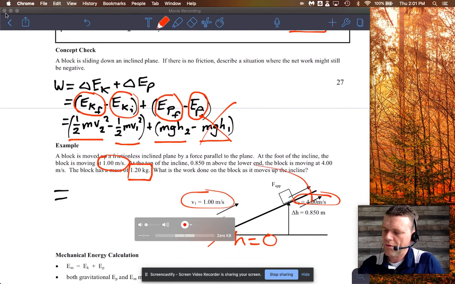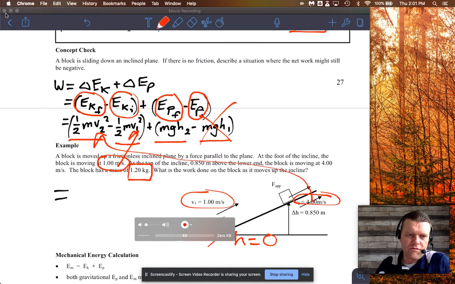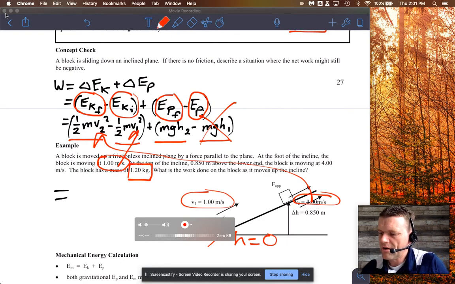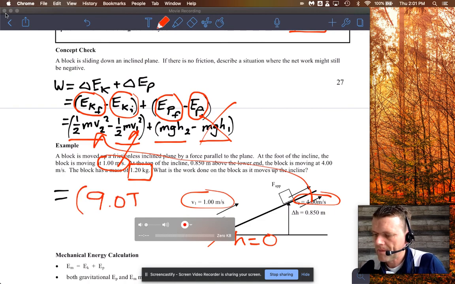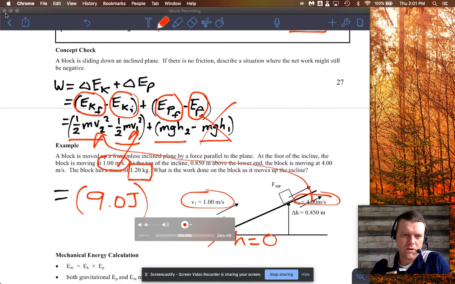So that's the 4 meter per second will go right there, and the 1 meter per second will go right there, if you can follow that, okay? The mass is the same in both, but don't cancel anything because you can't. That difference there, just for the EK value, should be 9 joules. Okay, that's the change in the kinetic energy from the final minus the initial.